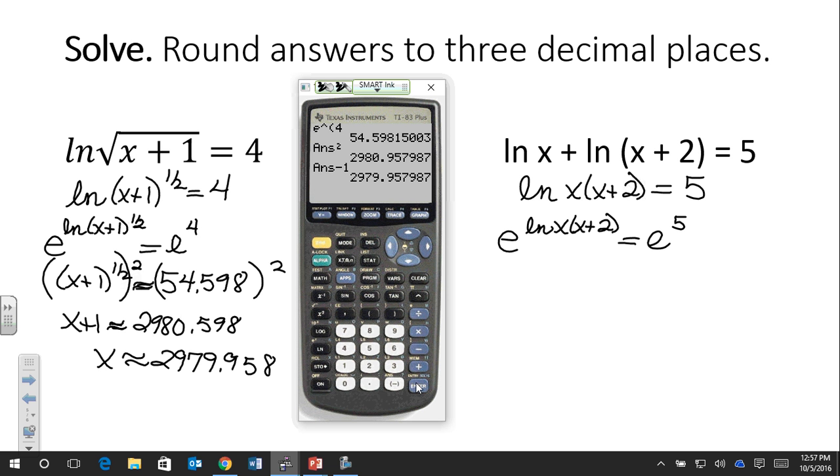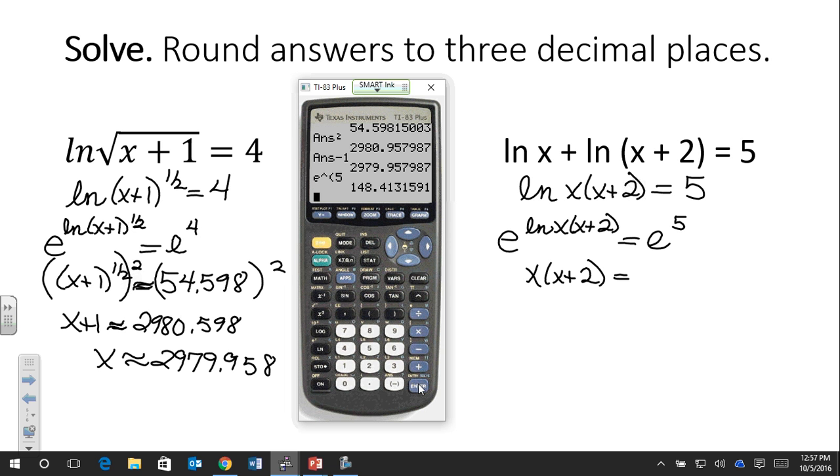So e to the natural log, they are gone, and we just get x times (x plus 2). And what is e to the 5th? 148.413. Okay. So now what do we do?